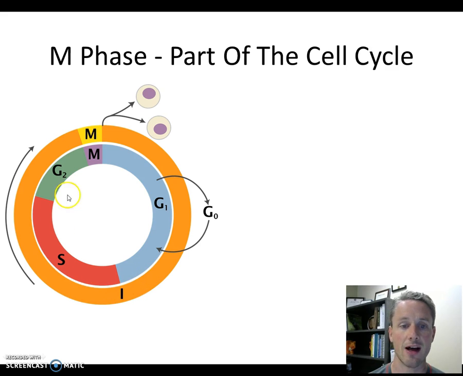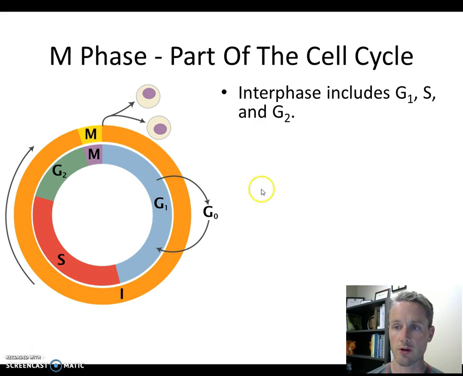Every time a cell divides, it reinitiates this cycle and begins over. Today we're going to talk about M phase, this one little wedge right here. But M phase is just part of the cell cycle. The other part of the cell cycle, the rest of it, we refer to as interphase. So interphase is all the rest of the cell cycle that is not M phase.